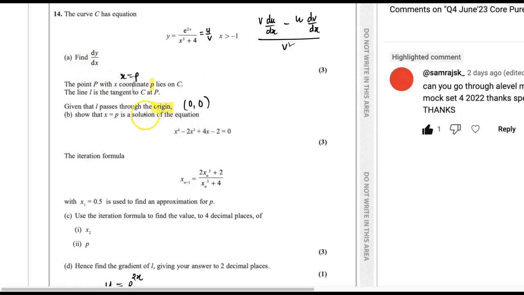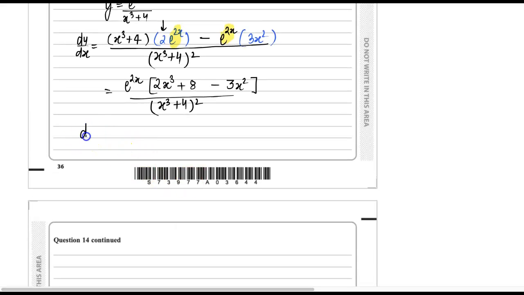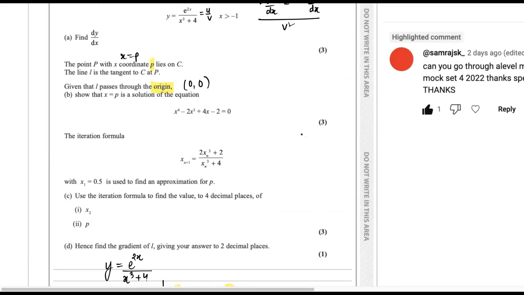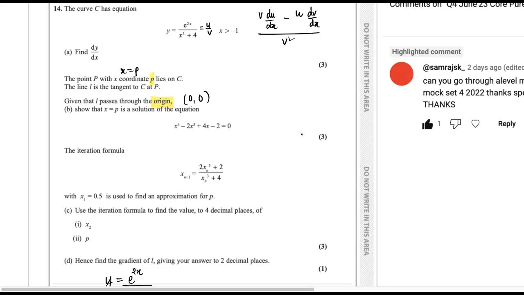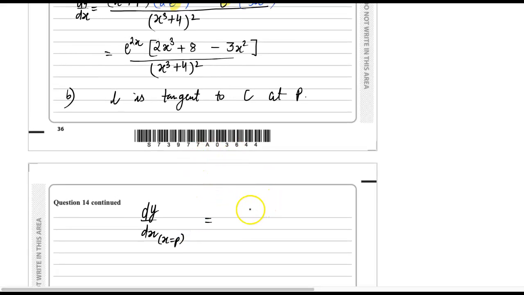So let's try finding out, we have dy by dx, which we found out. Before I write this, I am going to write the part: L is tangent to C at P. This is what we know. So from here, let's find out dy by dx when x is P, just substituting P over there.